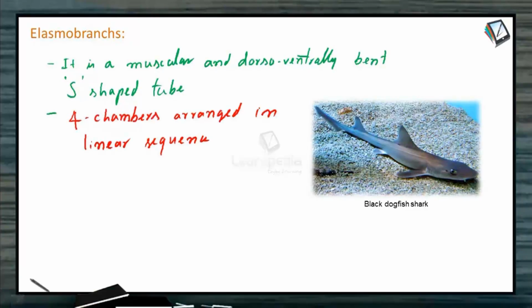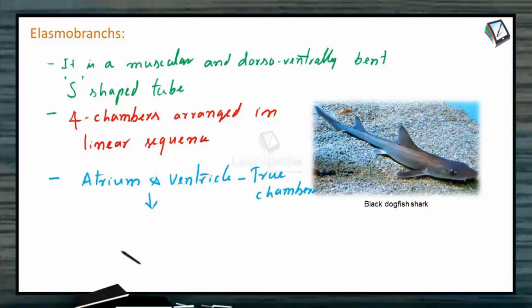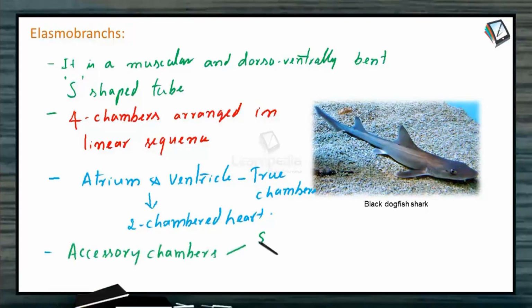So in this case, there are only two chambers, that is atrium and one ventricle. These are the true chambers of the heart. That is why the heart in fish is considered as a two-chambered heart. It contains accessory chambers, they are sinus venosus and conus arteriosus.